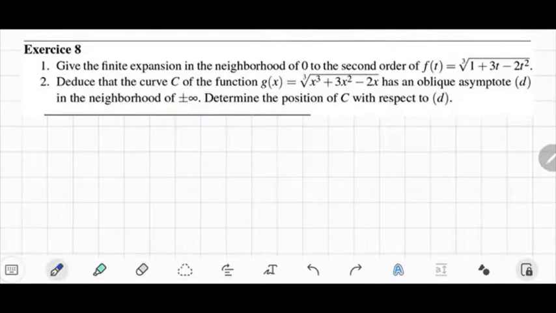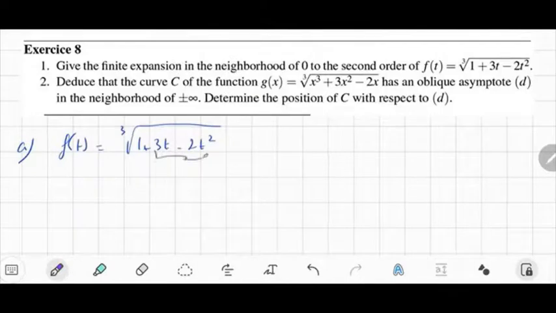We move now to exercise 8, where we have almost the same work as in exercise 7. So first we have a function f of t equal to the cubic root of 1 plus 3t minus 2t squared, and we need to calculate the finite expansion in the neighborhood of 0 to the second order of this function. If we consider that this is u, then it is of the form 1 plus u to the power 1 over 3, so alpha is equal to 1 over 3.